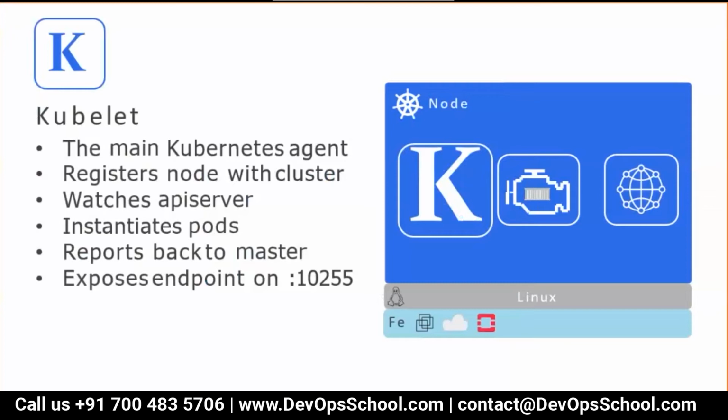If the kubelet is not running and it's not talking to the API server, again remember it's talking to the API server, that means that node is not a part of the Kubernetes cluster. So this utility, this tool has to be running in each node.